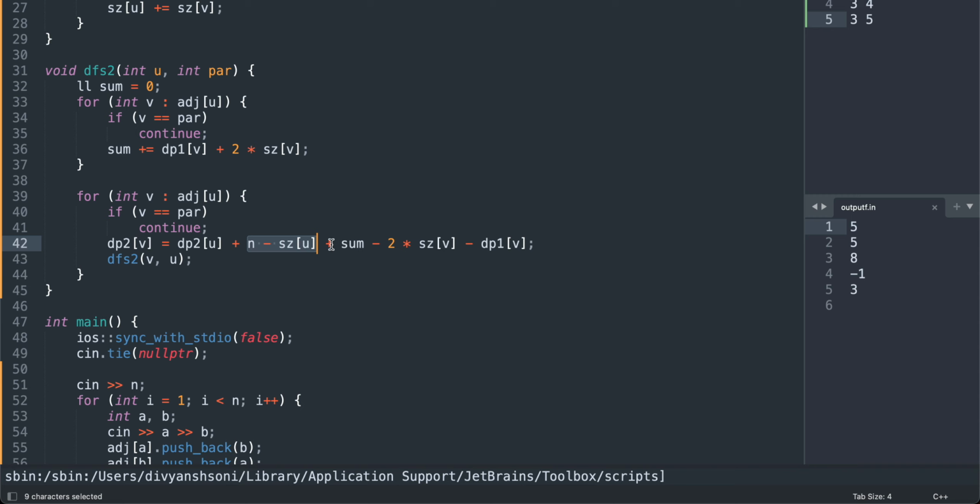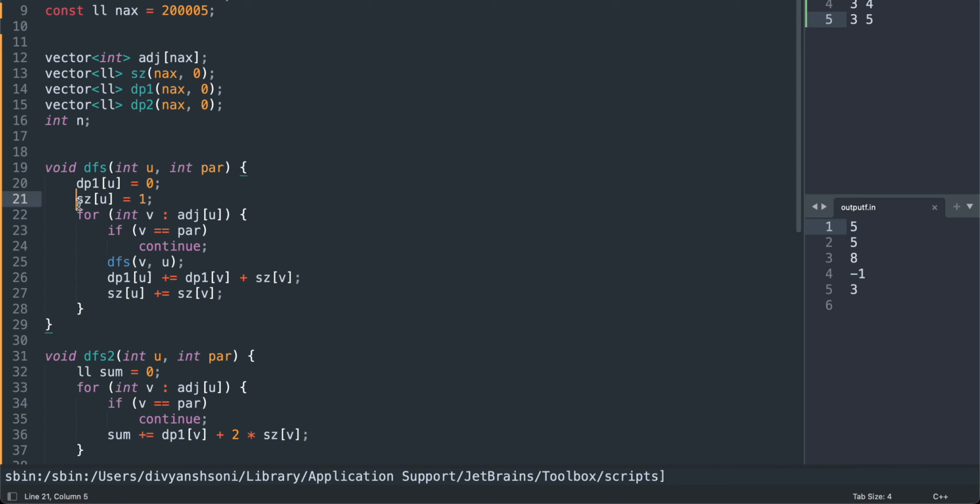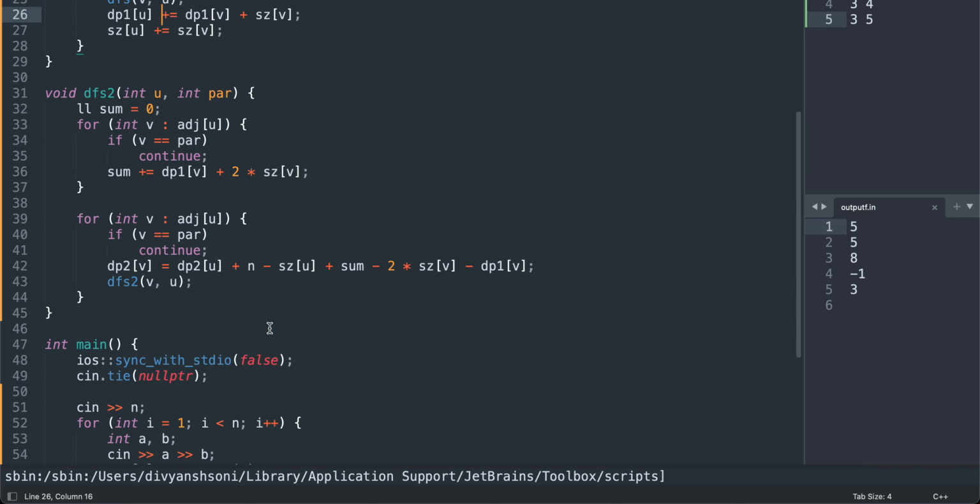I think there is something wrong with calculating the size. Size of this is 1 and size of u is increasing by size of v. It will call v, it means v size is calculated, and dp of u, this formula looks right.